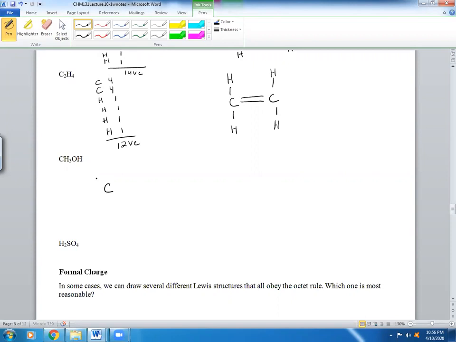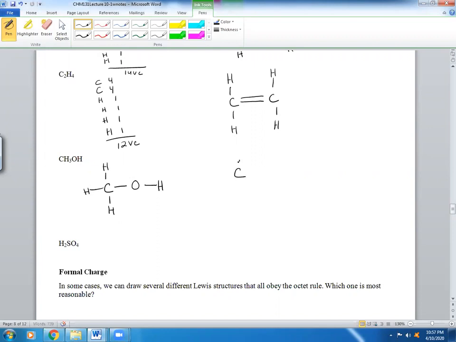So I start with C. These 3 H's belong to the C. And then there's a C O bond. And that H goes with the O. The way it's written is the way it should look.